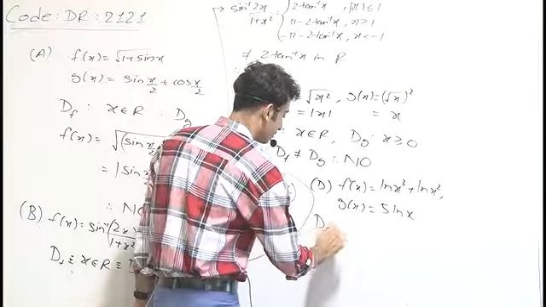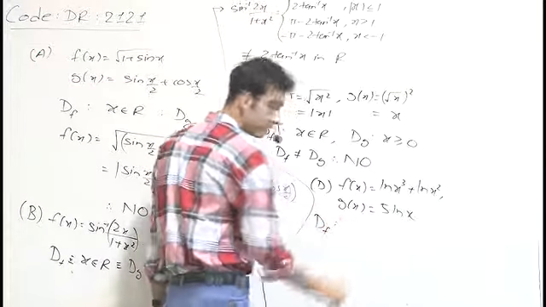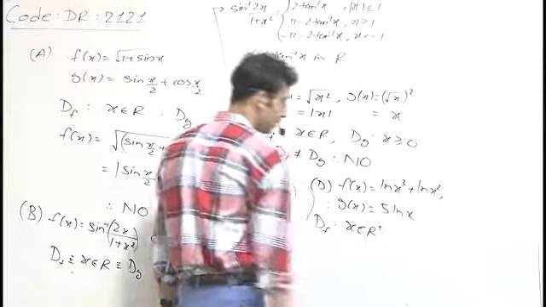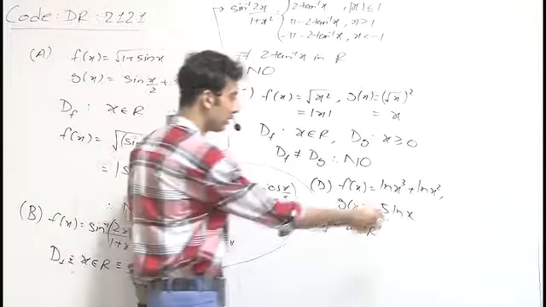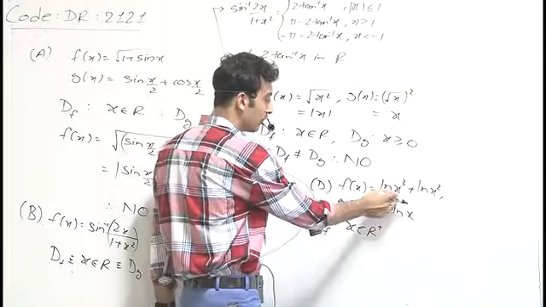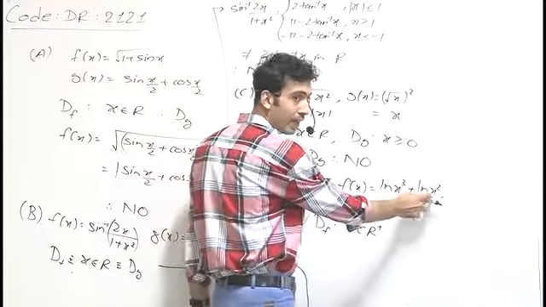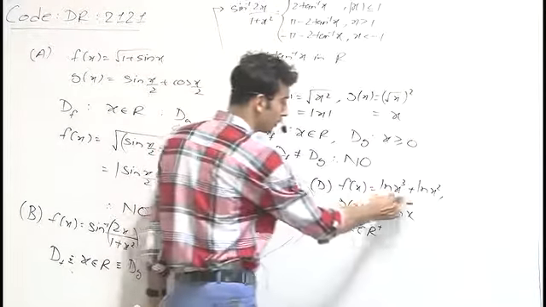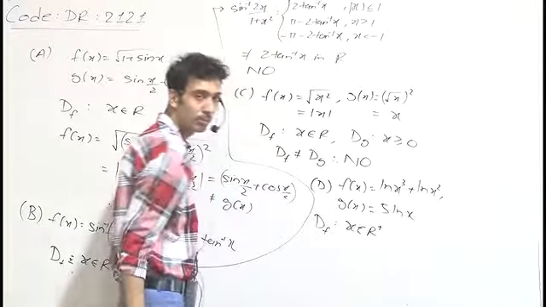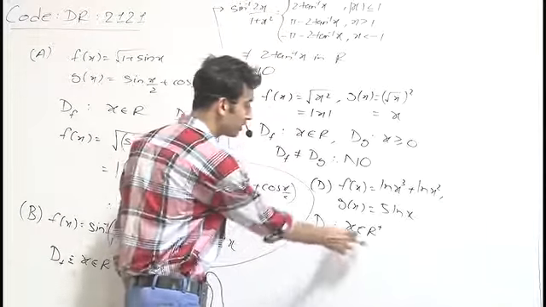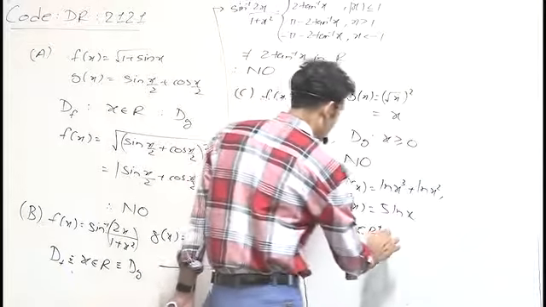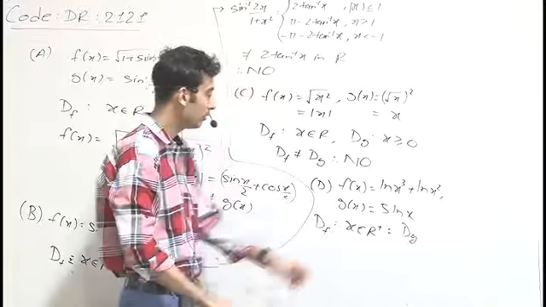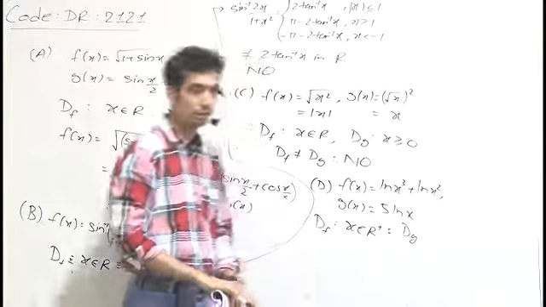The domain of f(x) is x belongs to the set of only positive real numbers, because for this we have to take positive values only, and for this we have to take non-zero values of x. So if we take the intersection of these two, we will have the set of positive real numbers only. So the domain of f(x) is x belongs to positive real numbers. It is equal to the domain of g(x), because the domain of g(x) is also the set of all positive real numbers.